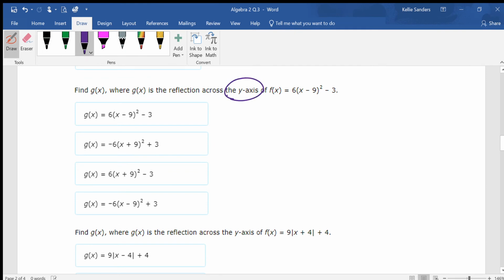We're reflecting about the y, so we're just changing the x. I'm just going to do it this way, but the 3 stays negative. We just changed that x term.